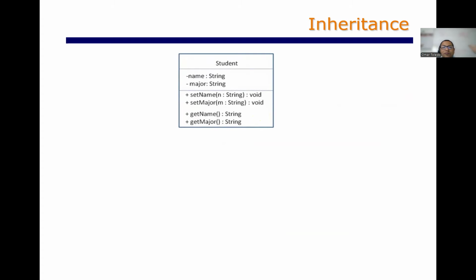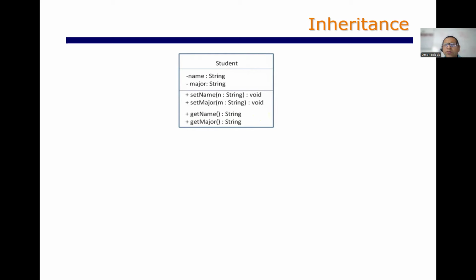The class is the superclass or the parent class called student, something general, with common attributes, name and major, with a common setter and getter, mutator and accessor. Set name, set major, get name, get major.